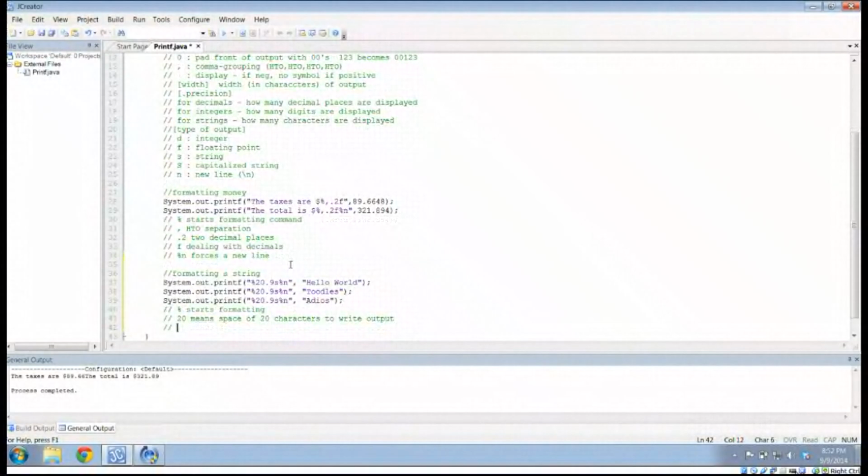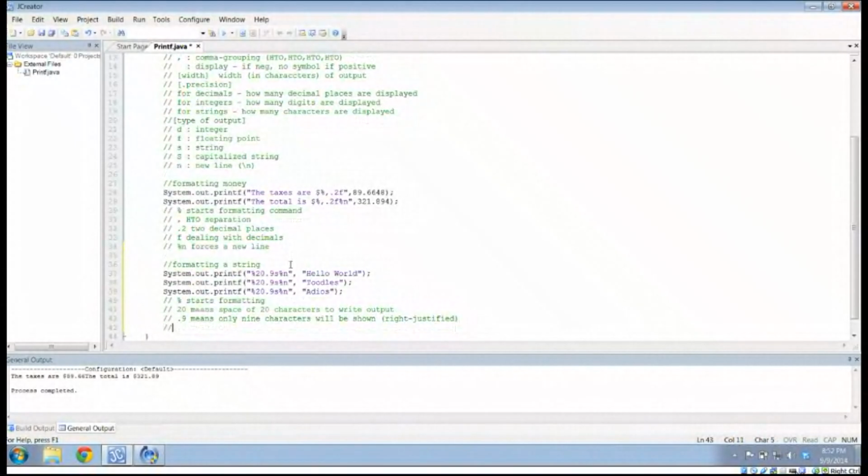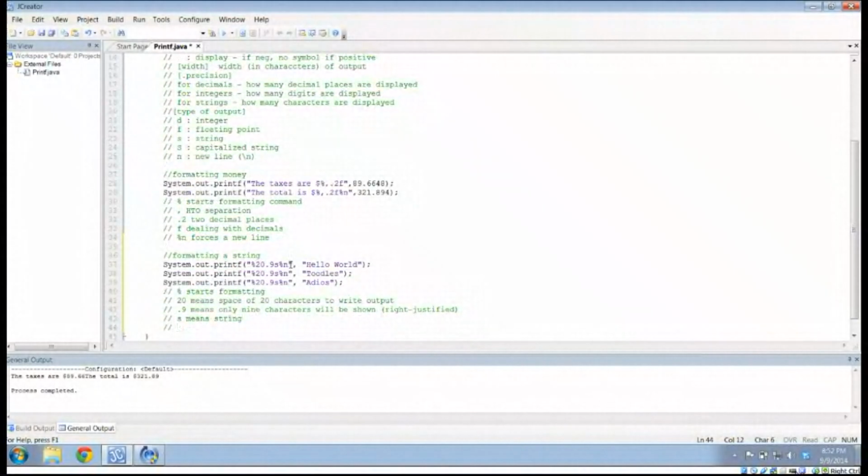In other words, I've basically got a 20 character wide box, but I'm only going to be using that .9. That .9 means only 9 characters will be shown, and this is going to be right justified. And then of course, the s means string, and our %n means new line.